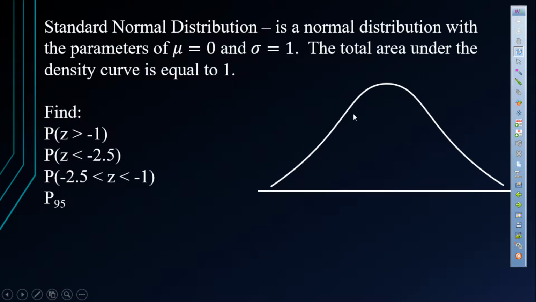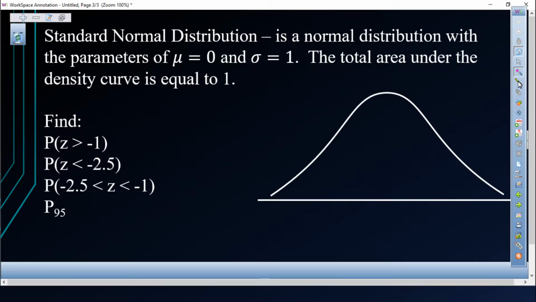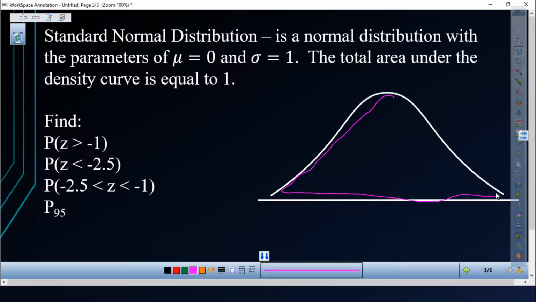The standard normal distribution is a normal distribution with the parameters mu equals 0 and sigma equals 1. The total area under the density curve is equal to 1. So all of this area here, and it goes on like that, all of that area equals 1.